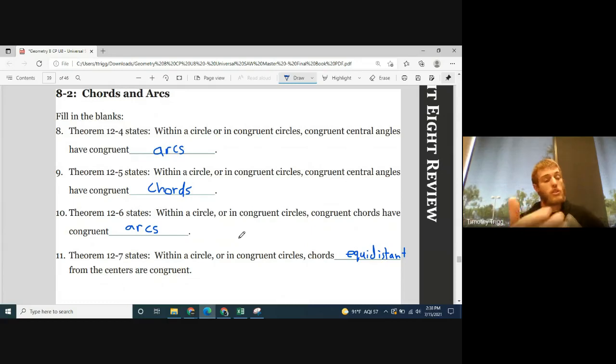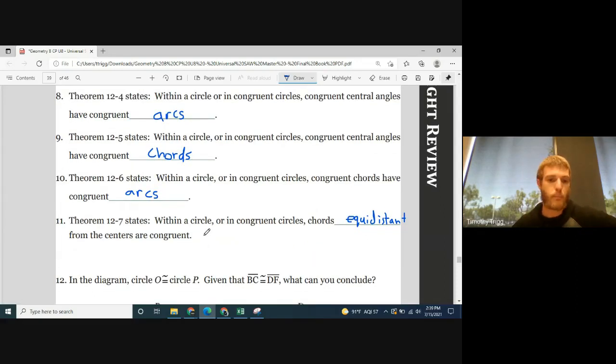You just got to memorize which number for the theorem goes with which word here. I'll give you a hint. On the test, these questions come in this order. So you're going to expect to see 12-4, then 12-5, then 12-6, and 12-7 after that.